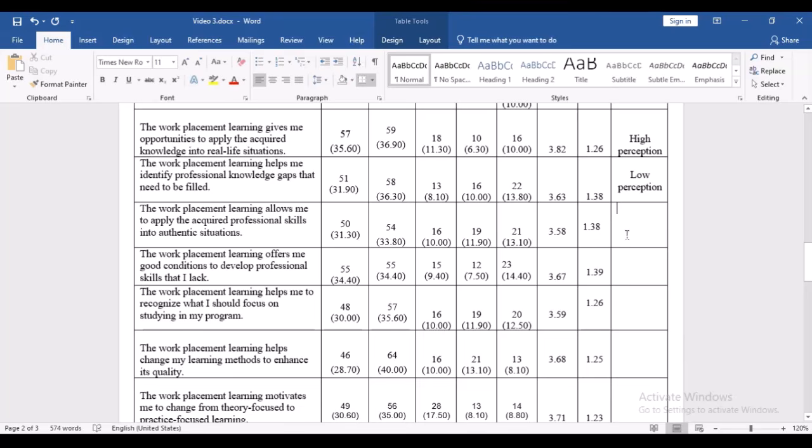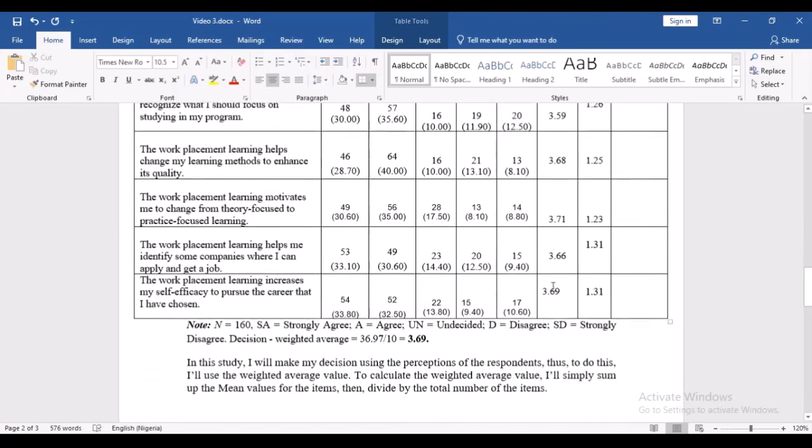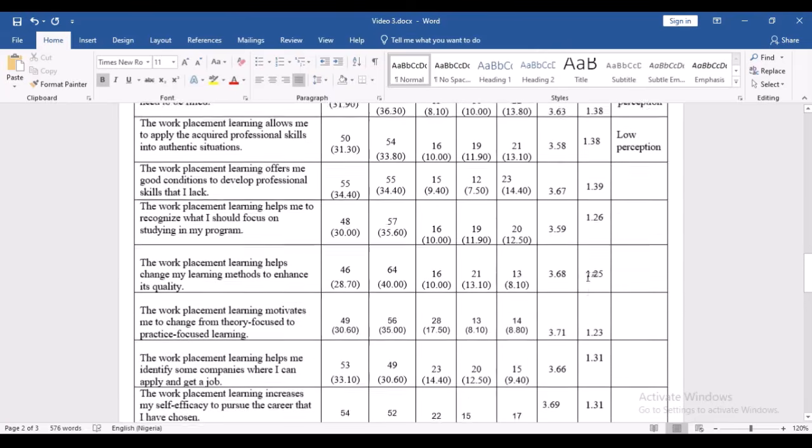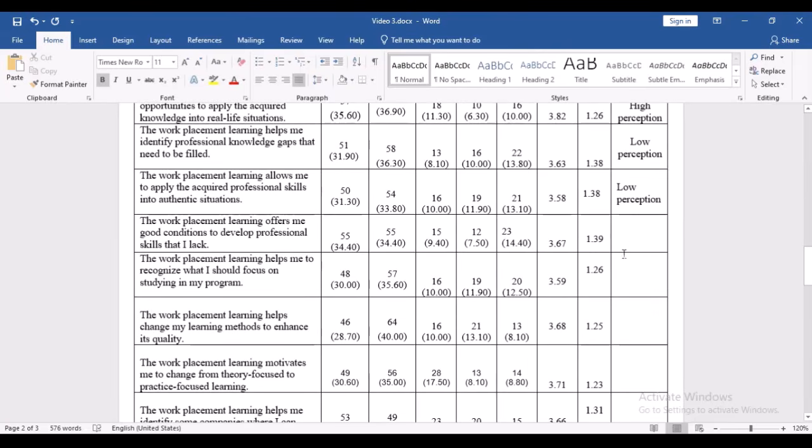In this case also, we are going to have low perception here, because the mean of this particular item is lower than the value of the weighted average. The same thing here, low perception. The same thing here, low perception. The same thing here.